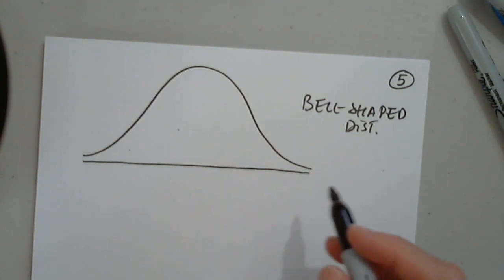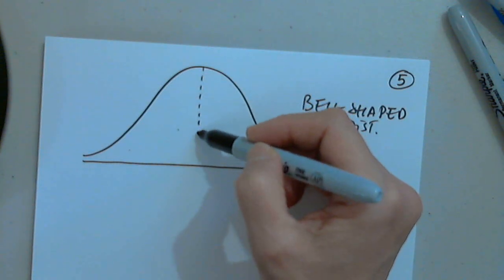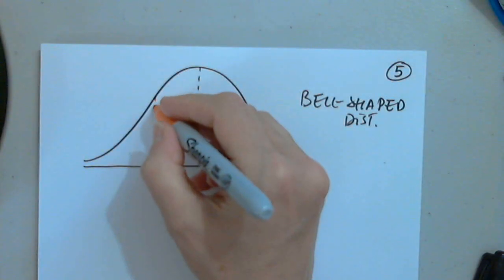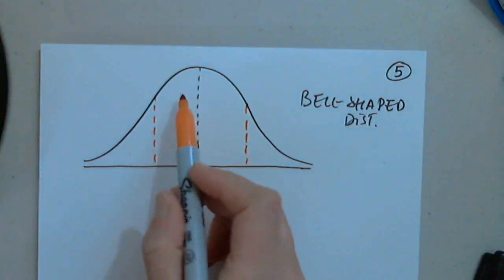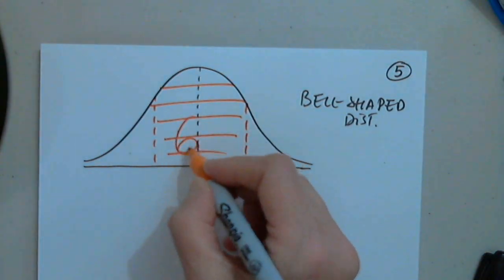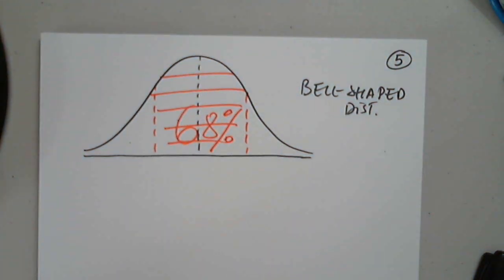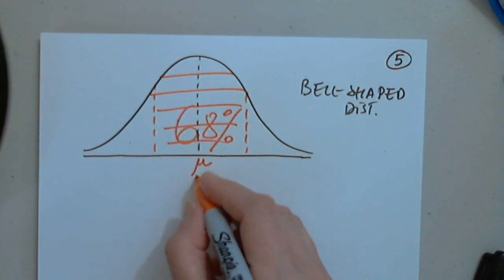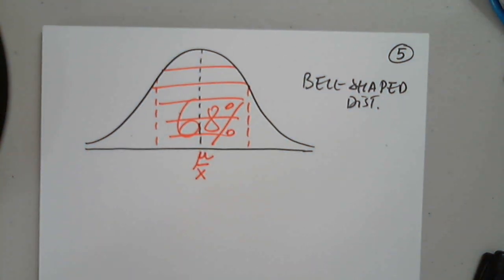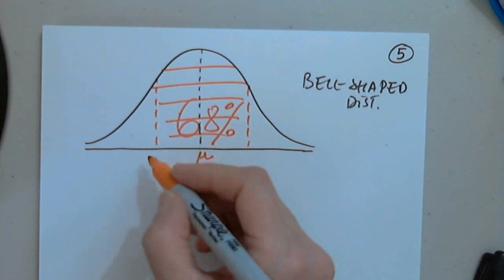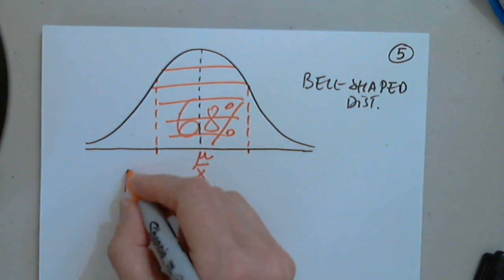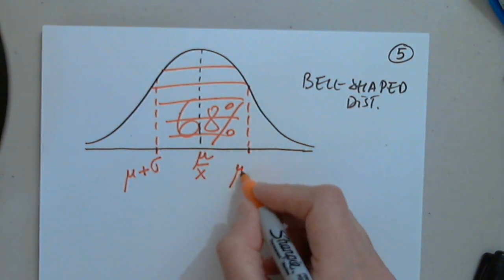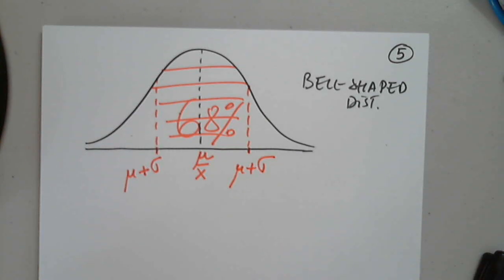So the empirical rule says that approximately 68% of the observations, so it could be either mu for the population or x bar, doesn't matter. It works for both. These will be mu plus 1 sigma and mu minus 1 sigma.